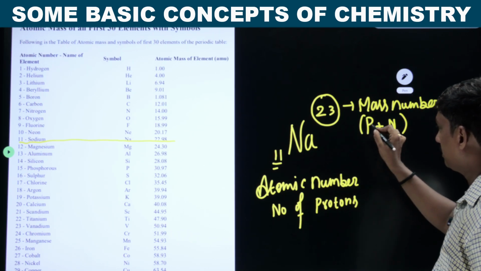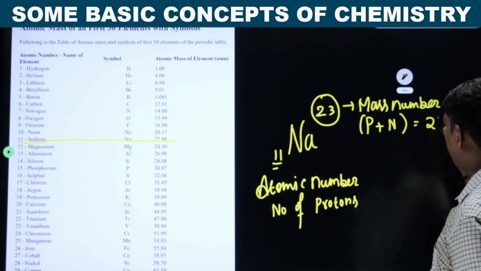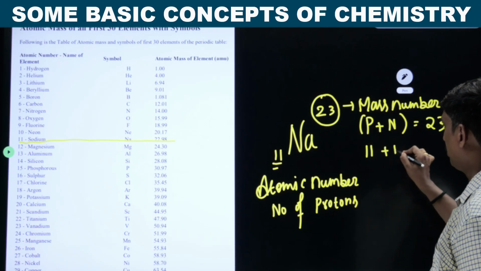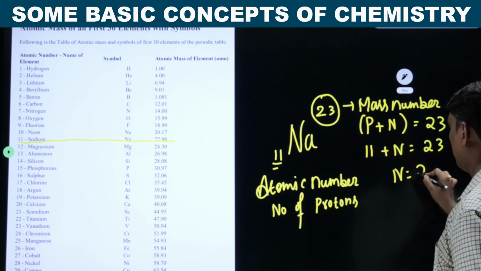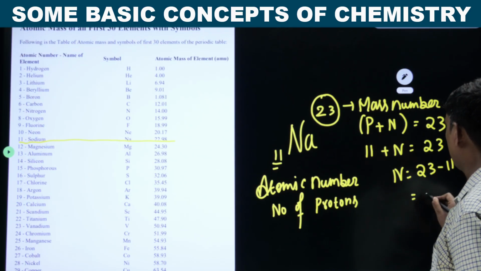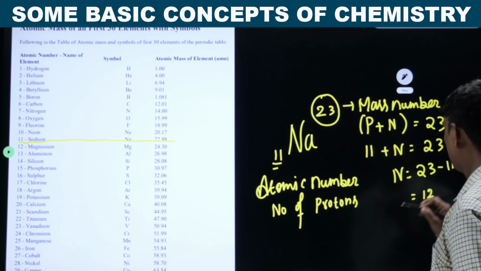Already it is known to us, mass number is equal to 23. Proton number is known, 11. Neutron number is not known. Therefore, number of neutrons is 23 minus 11, which is equal to 12.